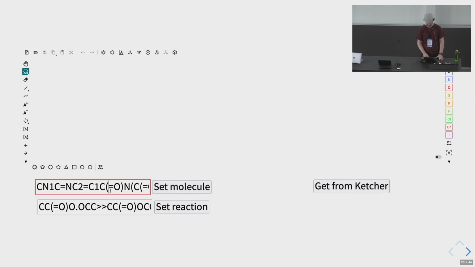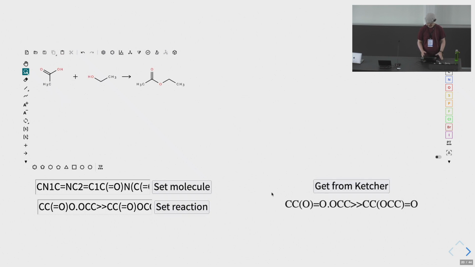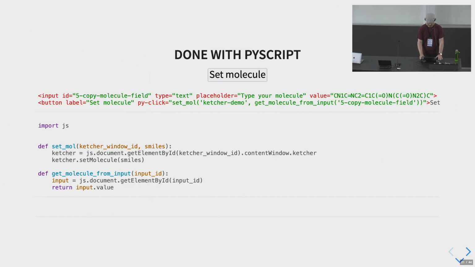We can add inputs. We can add buttons that would do something. For instance, here I can set a molecule. I can set reactions. I can get data from Ketcher. Already fantastic, in my opinion. And all this is done with PyScript, using the JavaScript API, yes, but through Python.